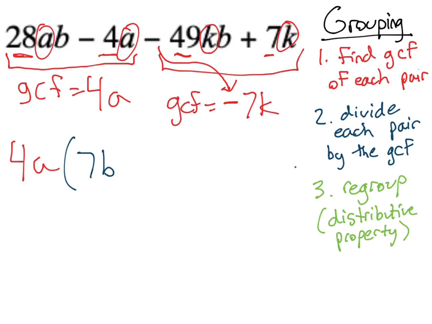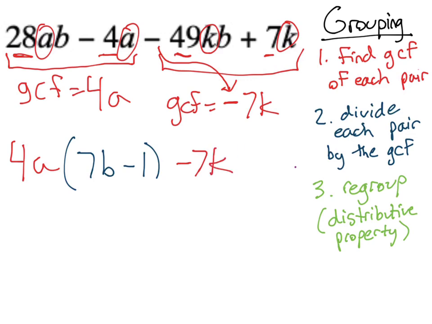From the second term in that pair, if we divide negative 4a by positive 4a, well, anything divided by itself equals 1, and a negative divided by a positive is negative, so we're left with negative 1. Now we're going to divide our second pair by the common factor negative 7k.